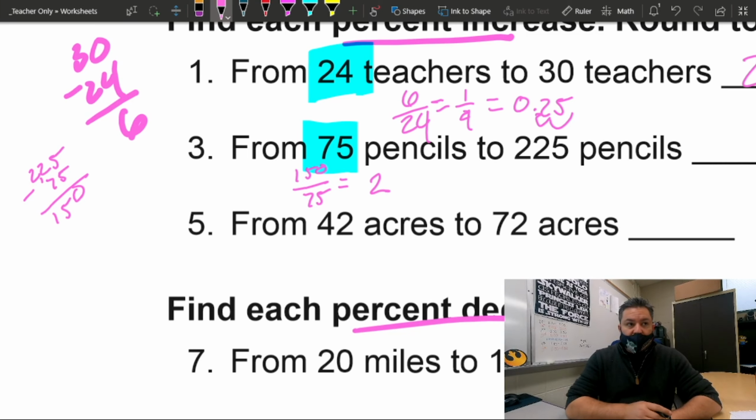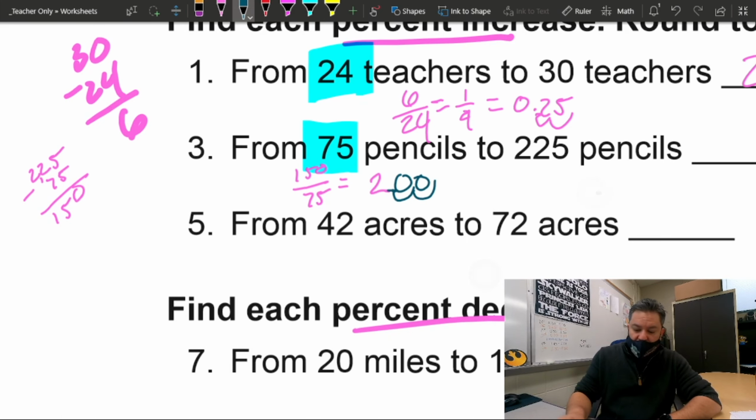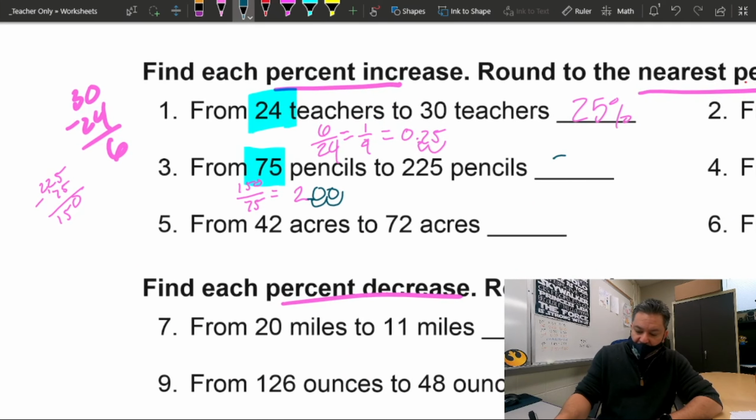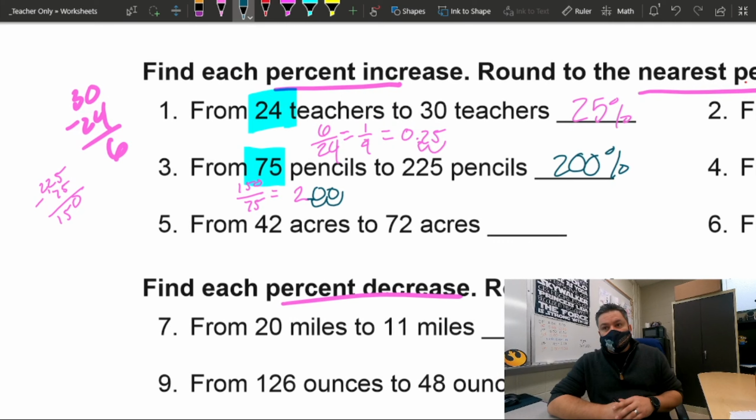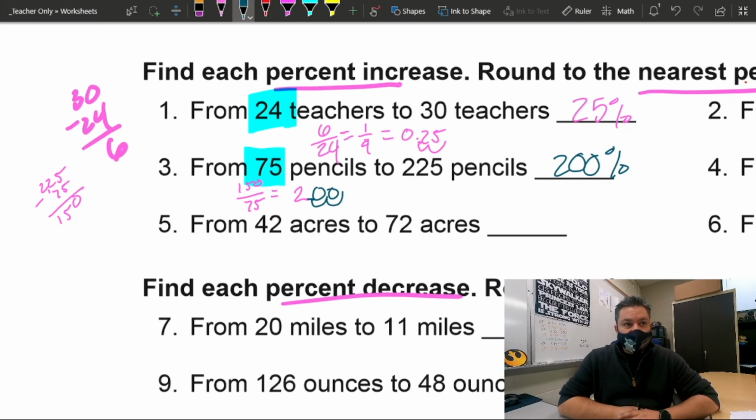And just like on the previous one, this is my decimal form, even though it's a whole number. It's not a percent yet. So over here, my decimal is going to be at the end, right here. From here, you move once, twice, and you fill with zeros. So my percent change is 200%. It looks weird, but it is what it is. Any questions so far? No.